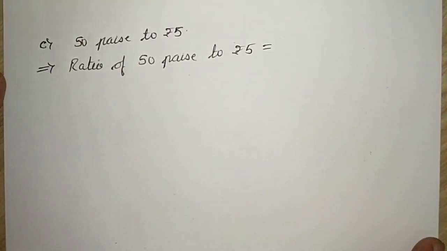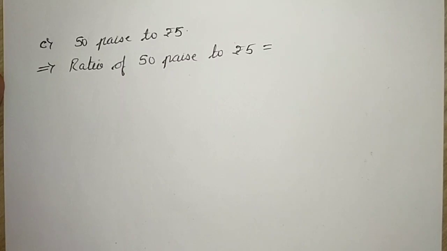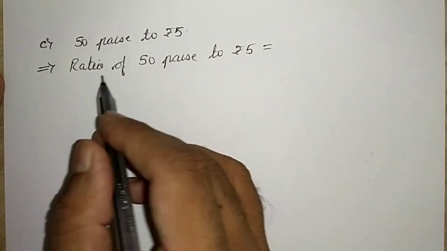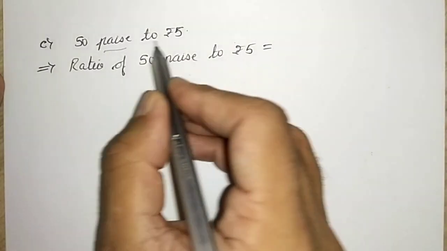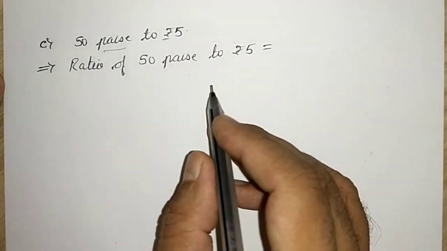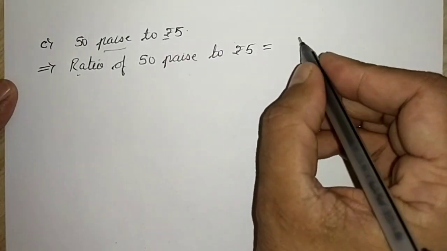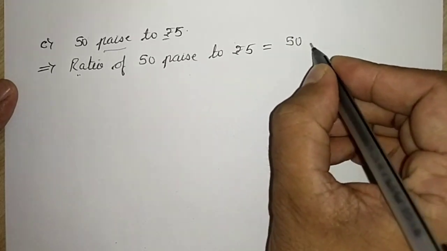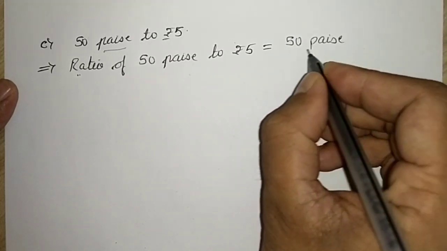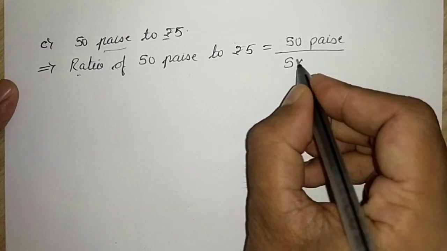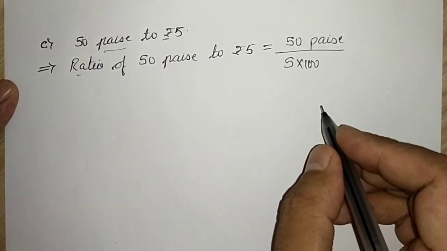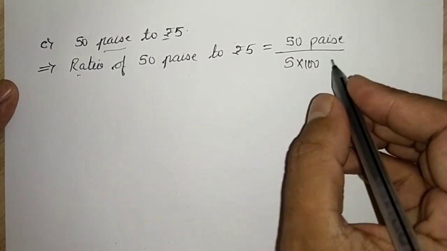Next, 50 paise to rupees 5. We want to find the ratio. Same way we will proceed. Here it is paise, here it is rupees. So we will convert and write ratio of 50 paise to rupees 5. We will write 50 paise to 5 into 100. Why 5 into 100? Because 1 rupee is equal to 100 paise.